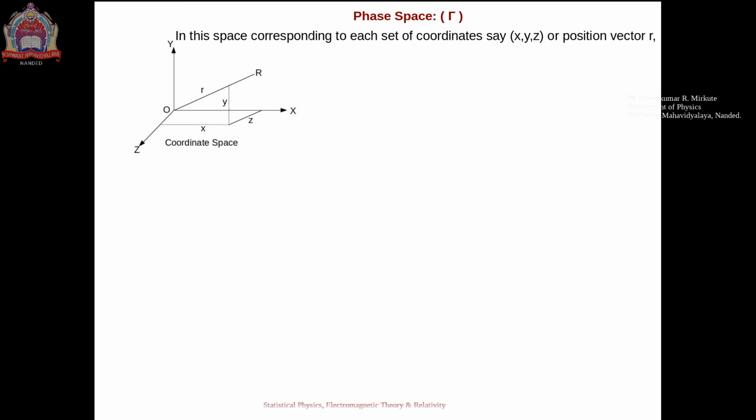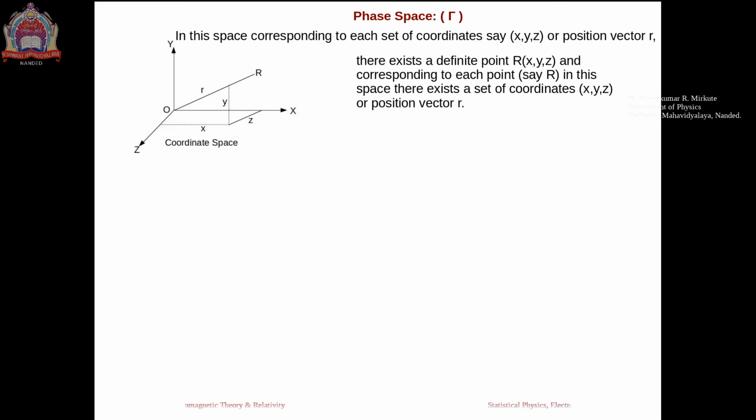Similarly, one can think of a momentum space in which the axes may be designated by px, py, pz, where px means the x component of momentum p and so on. In this space, a point will represent the components px, py, pz, or the momentum vector corresponding to each set of momentum. One can easily extend such imagination.